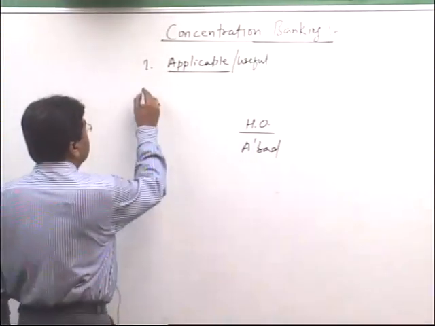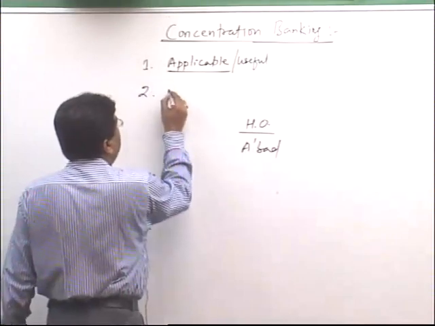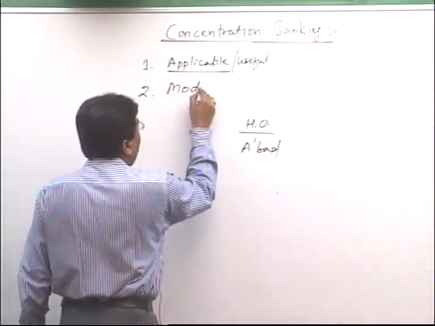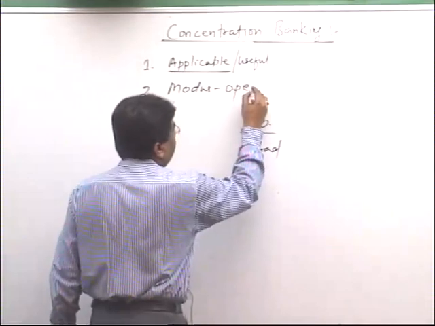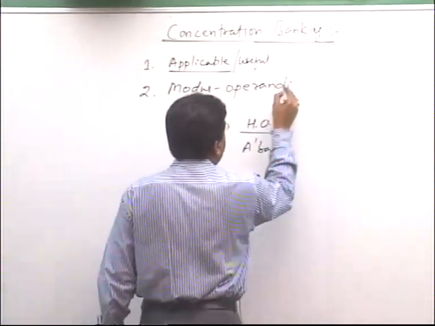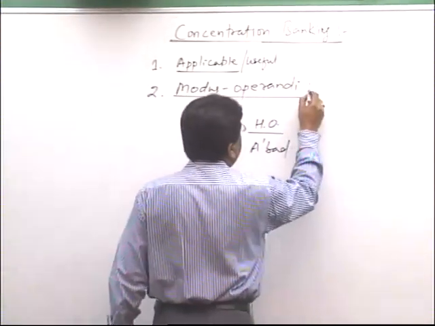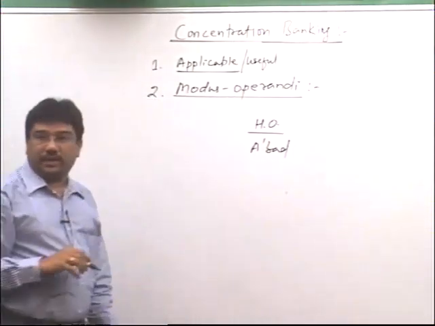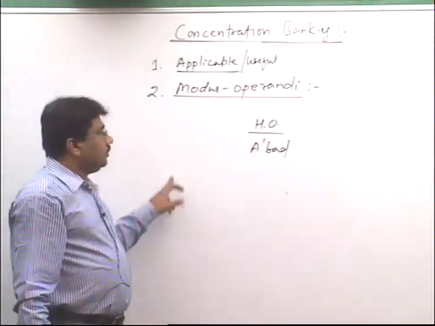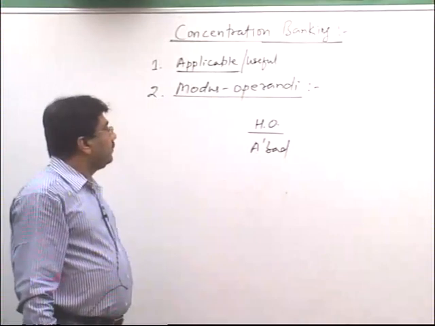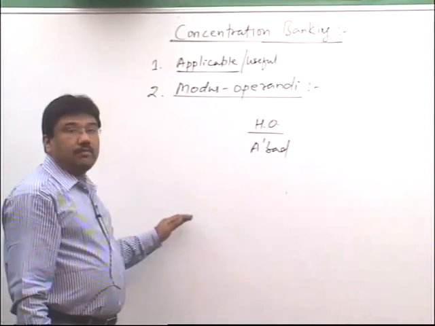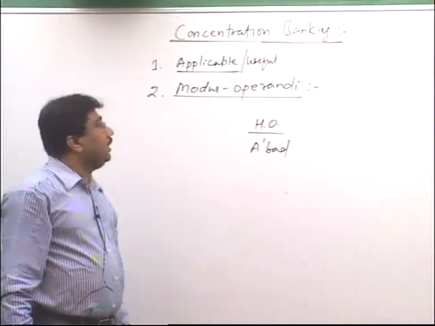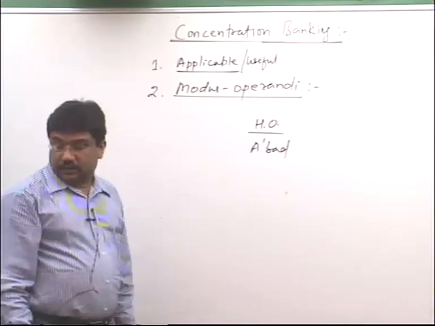Now second is how this technique works, that is the modus operandi. What are the steps to implement this technique? First I will explain this modus operandi, and then we will discuss how time is saved in collecting money through the concentration banking system.